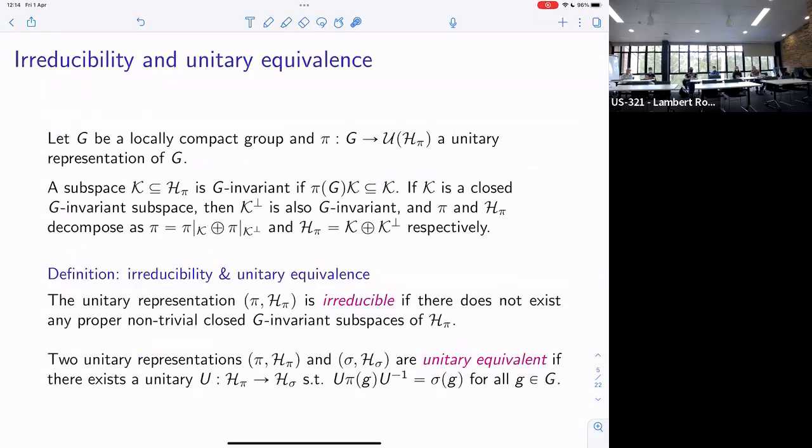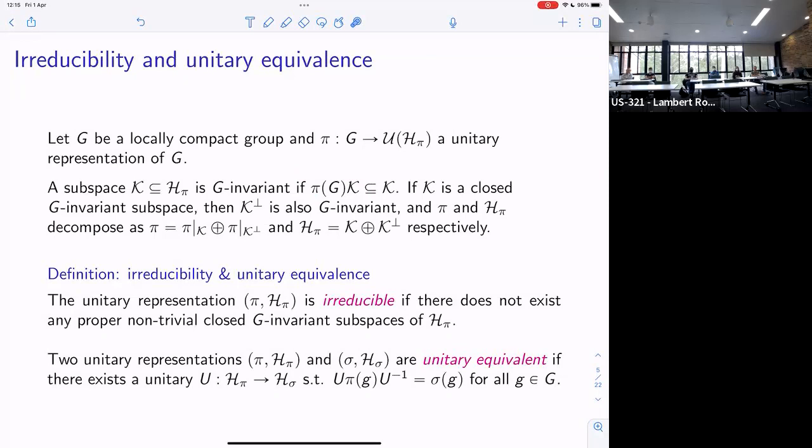Now, I just want to give a few definitions that I'll use throughout my talk, before getting into some examples and other information. So, whenever we have a unitary representation of a locally compact group, we call a subspace of the Hilbert space H pi G-invariant if the subspace is invariant under the action of our representation.